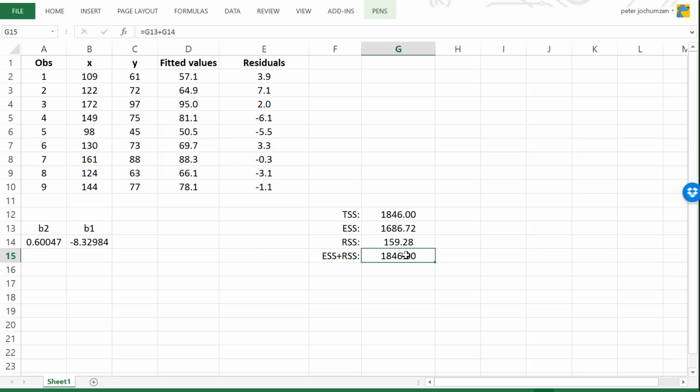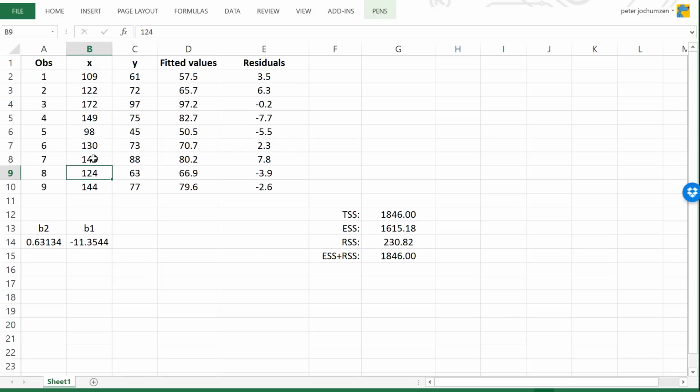So change your data completely or partly. So if I change this to, I don't know, something 145, pretty much everything in the sheet will change. B1 and B2 will change, fitted values will change, residuals will change, TSS will not change, but ESS and RSS will change, but they will still sum up to TSS.